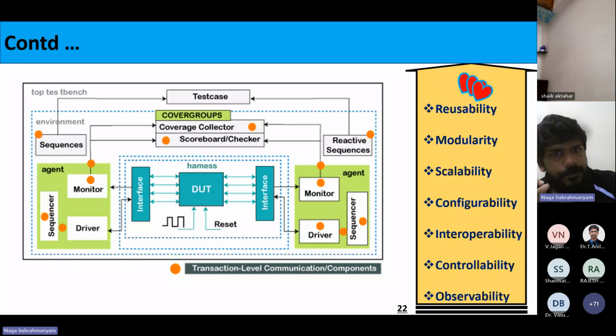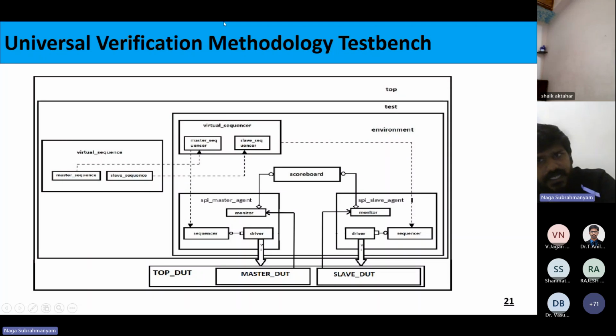Because what is the biggest change we need to do? We need to change the signal level only, right? There is no change in the environment. The environment is fixed. In the top, test will be there. In the test, environment will be there. In the environment, agent will be there. In the agent, other things are. This is fixed. The only change is signals.